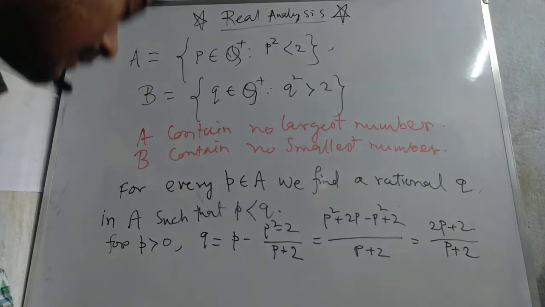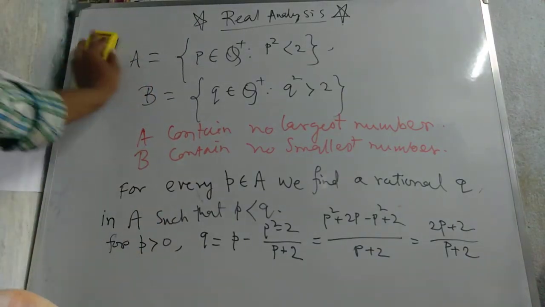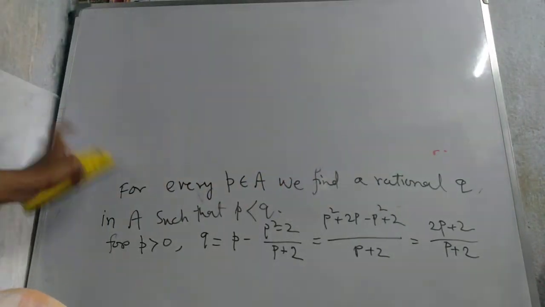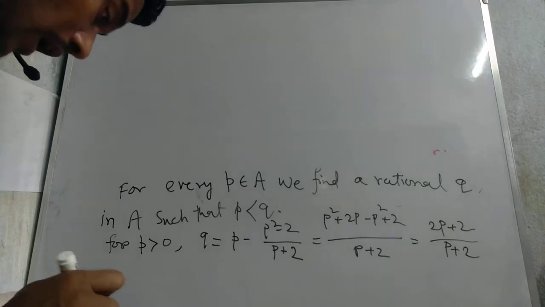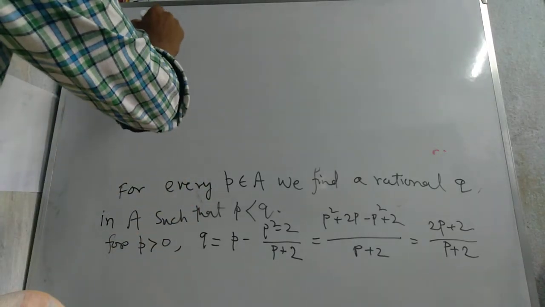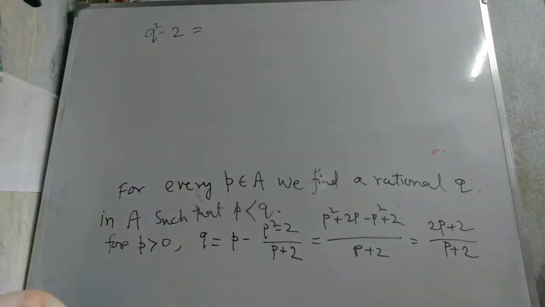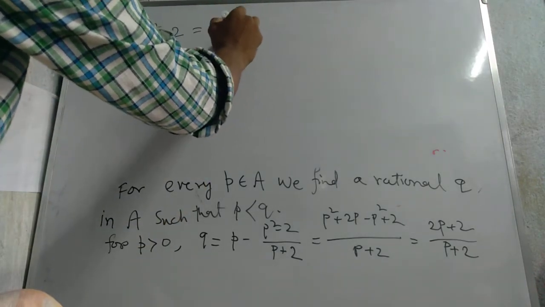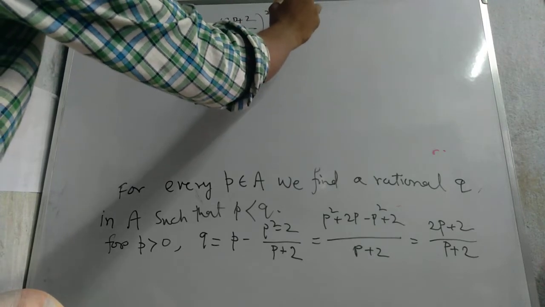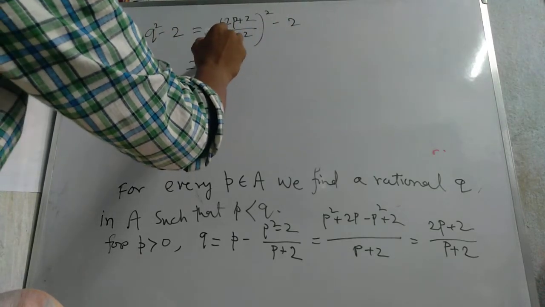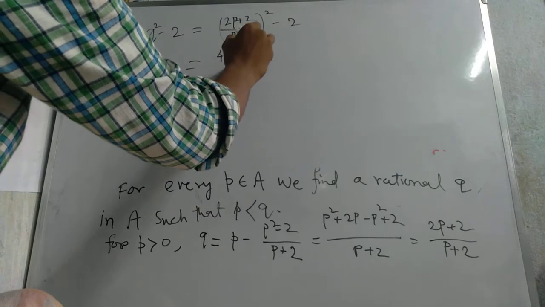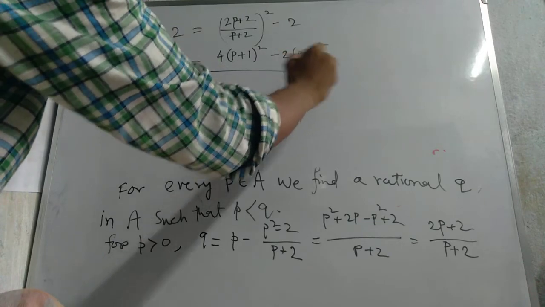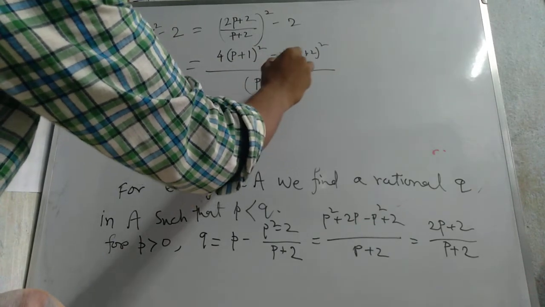Now then what do we find? We find q square minus 2 equal to ((2p plus 2) by (p plus 2)) whole square minus 2, equal to ((4p plus 1) whole square minus 2(p plus 2) whole square) by (p plus 2) whole square.